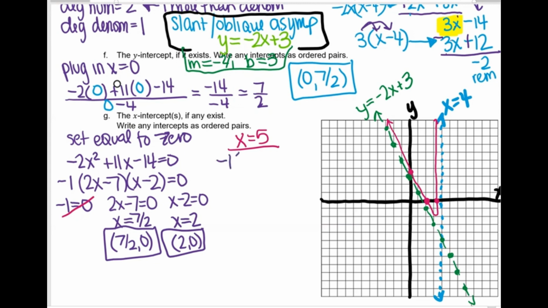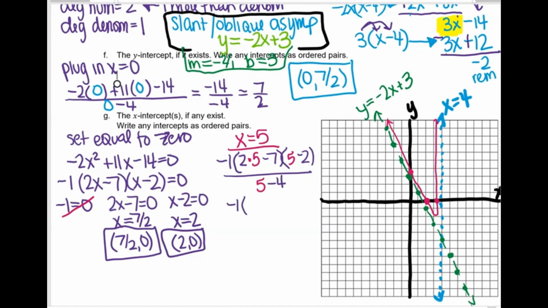We would have negative 1 times 2 times 5 minus 7 times 5 minus 2 all over 5 minus 4.